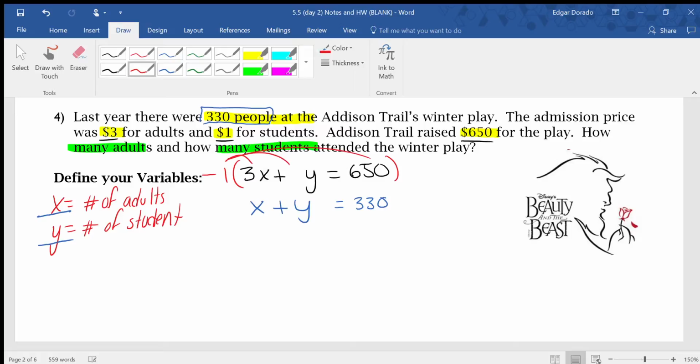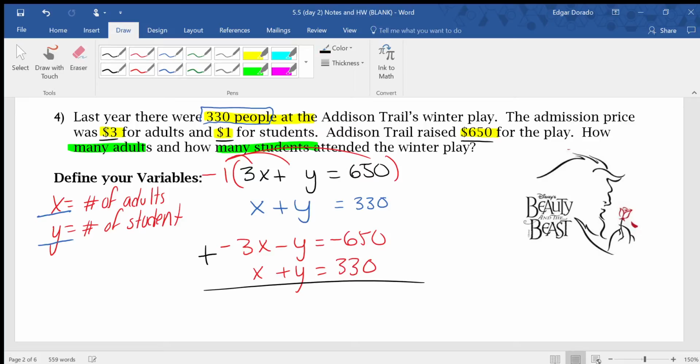Okay, so what do I get? I get a -3x, a minus y, and a -650. The bottom one, I don't even have to change. I'm going to keep it as x plus y equals 330. I can now add my columns. Let me scroll down a little bit here.